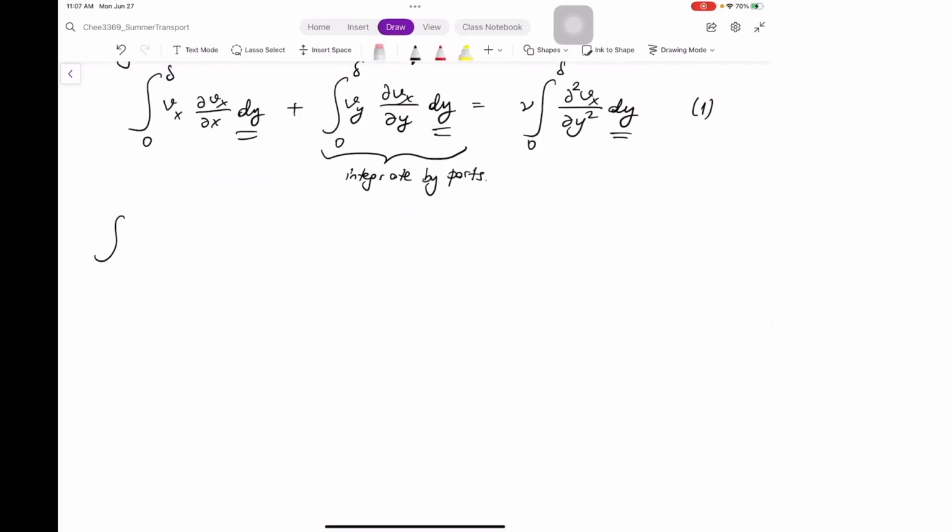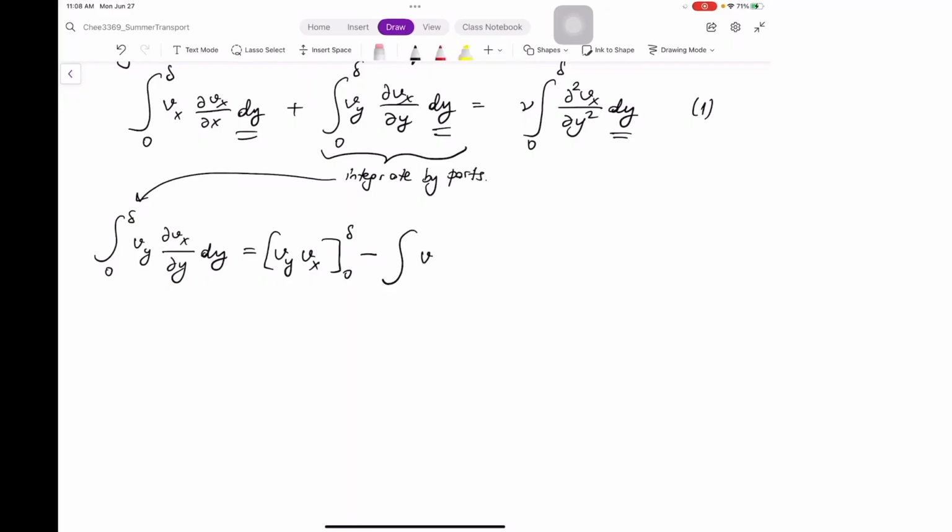The integral from 0 to delta of Vy del Vx over del y dy is equal to, thinking of this as u and this as dv, uv, which is Vy Vx from 0 to delta, minus the integral of v du, which is Vx times del Vy over del y dy.